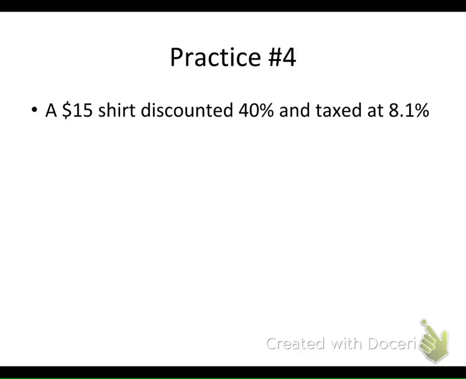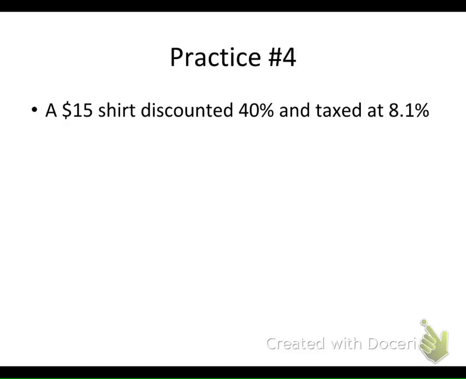Then it didn't sell, and now it's getting closer to spring, so they may take an additional percent off. And then they're going to tax it. So you may have more than just 1 percent increase or decrease. You can't add those all at the same time. You have to do each percent increase or decrease separately, which means you have to have a multiplier for each of those numbers.